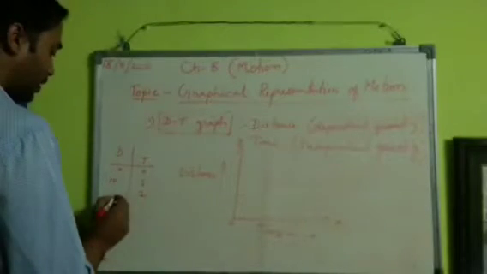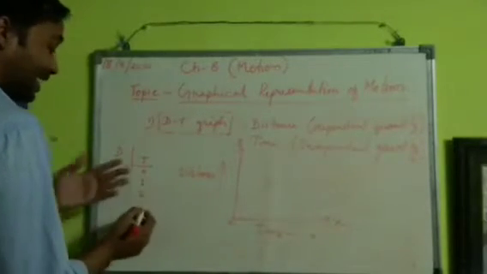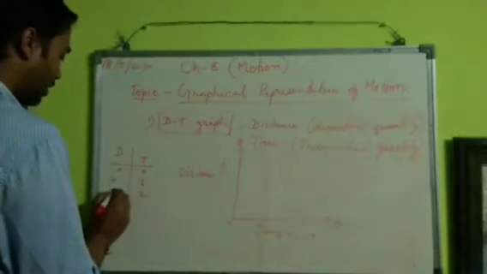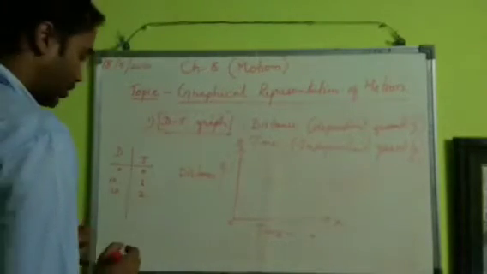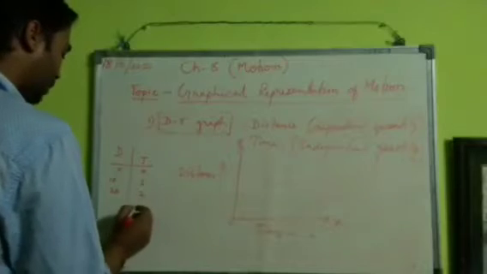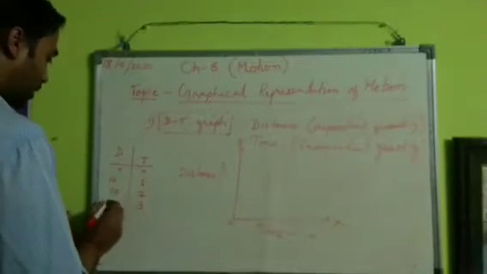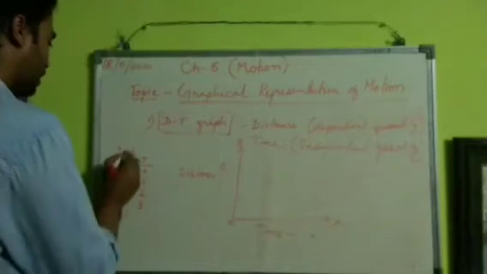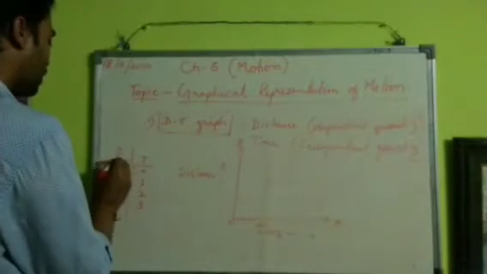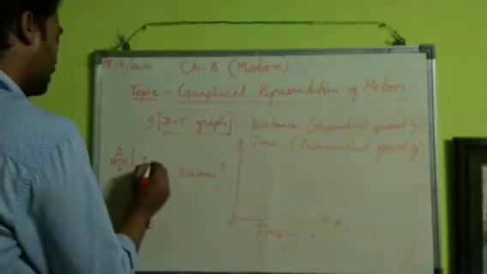Then at the end of 2 hours, the vehicle covers 20 kilometers. Then similarly, at the end of 3 hours, the vehicle completes 30 kilometers. Now here distance is in kilometer and time is in hour.